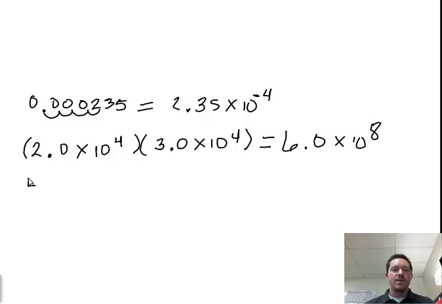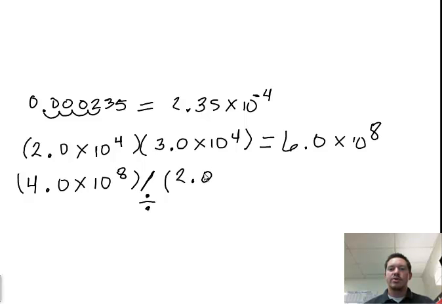Alright, dividing 4.0 times 10 to the 8th. I'm going to go ahead and put these in brackets, but I'm going to put a divide sign in here, so I can either put a slash or I can put the symbol for division. And again, I'm going to make these really easy for me.